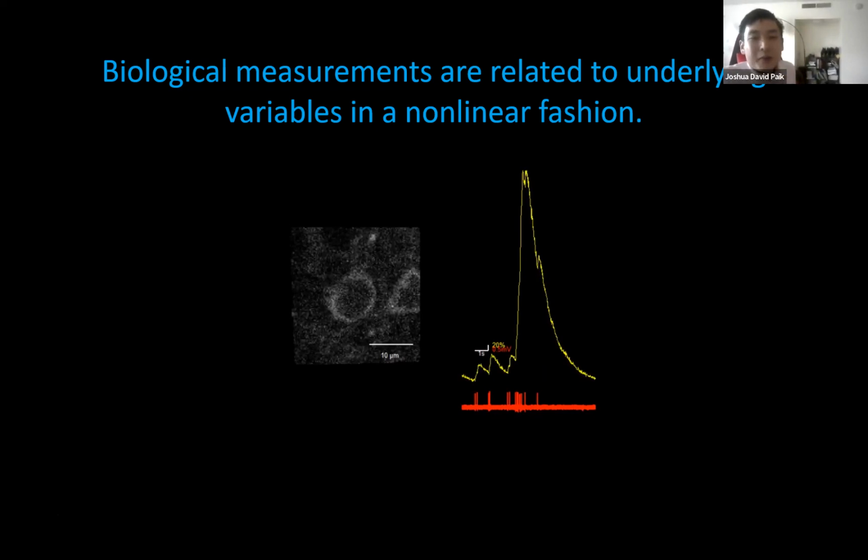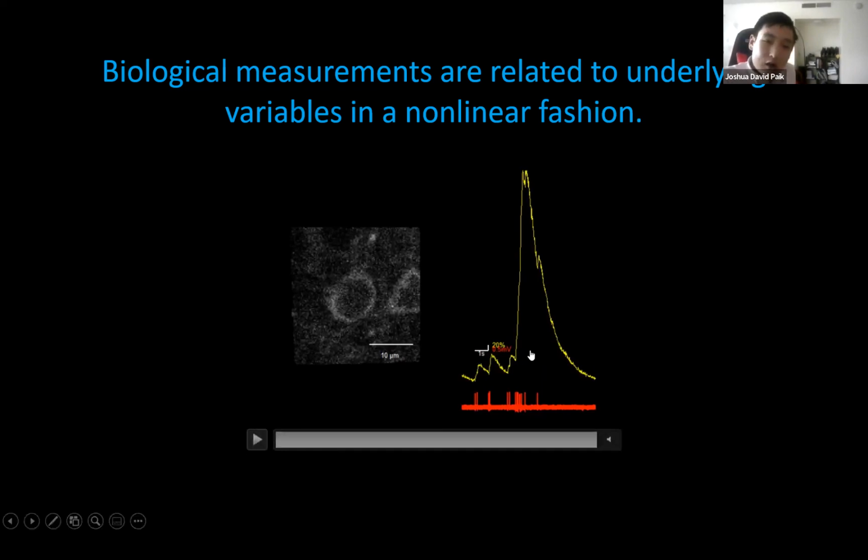But calcium imaging is really great: you can record more neurons, but in exchange we have to deal with data that encodes some of the information from the electrophysiology data, but is not the same.